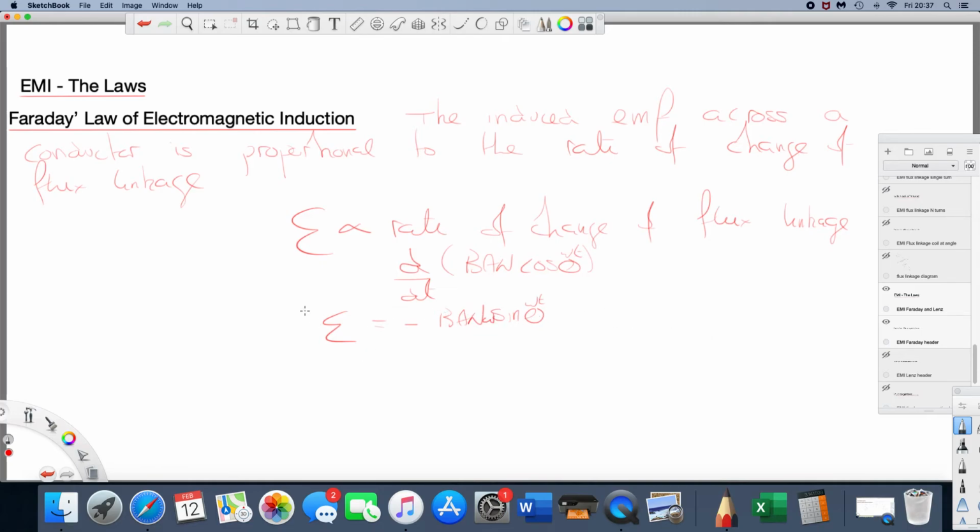So your induced EMF, I'm going to put that all into a rather better state: flux linkage is BAN cos omega t, where omega, of course, is your angular speed, and t is your time, and the angle swept out, of course, is omega t.